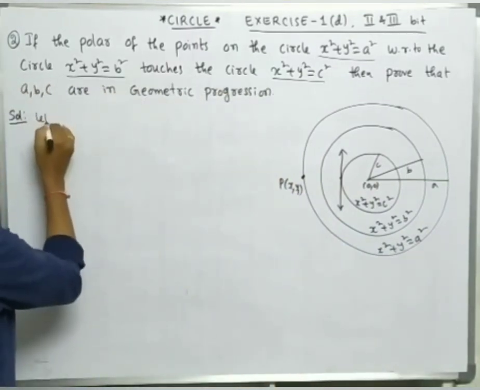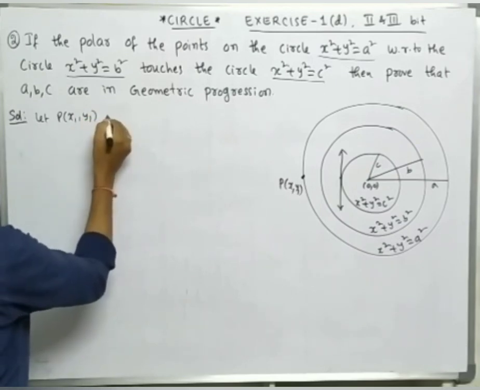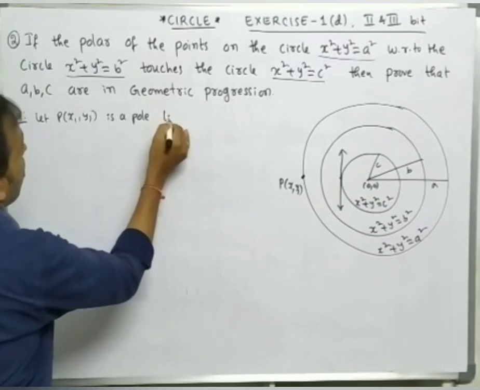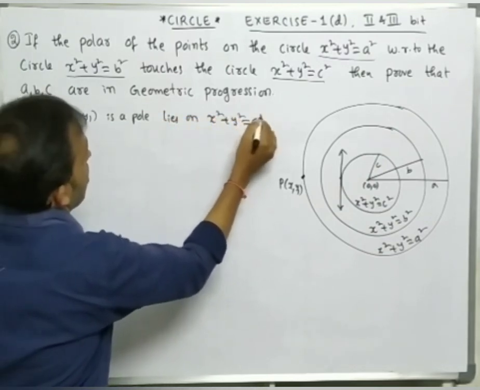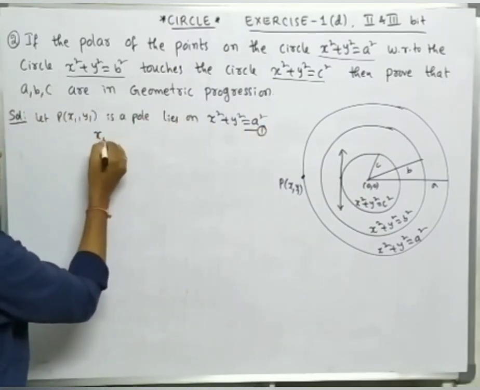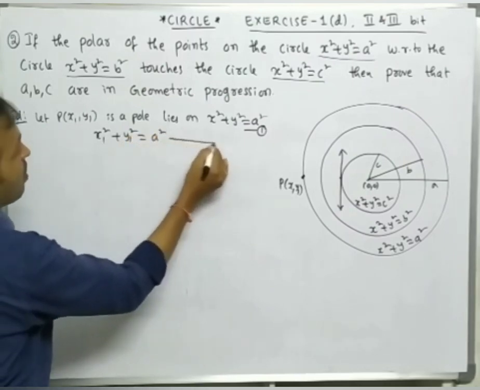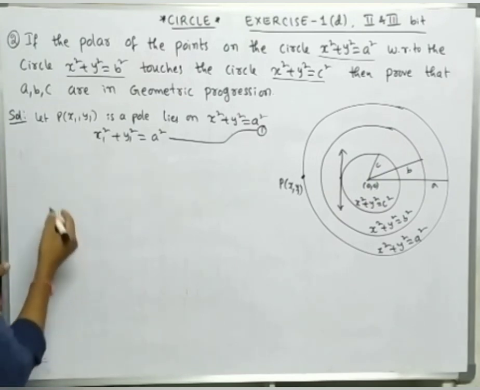So let P(x1, y1) be a pole that lies on the circle x square plus y square is equal to a square. As it lies on that circle, it should satisfy that equation. So x1 square plus y1 square is equal to a square.